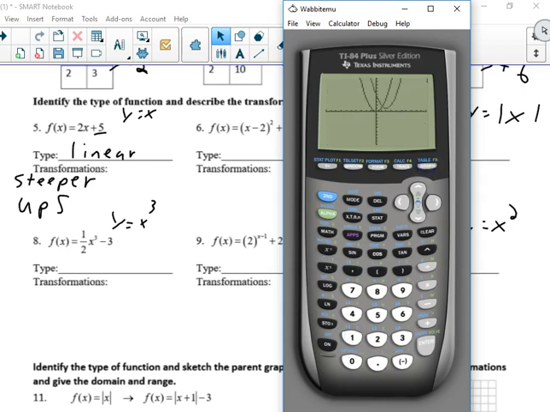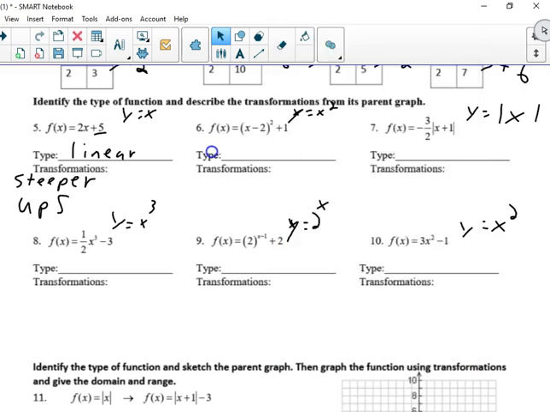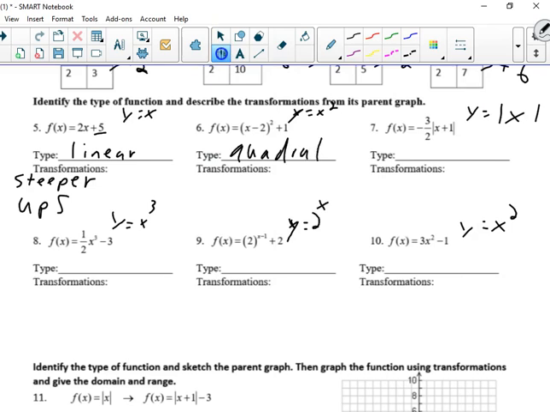But which way does it go, left or right? Negative 2 means you think left, but it's actually right. So you can see how it went right 2, up 1. So, coming back here, it is a quadratic. You can abbreviate quad. And transformation, it's going right 2, and it's going up 1. And even if you're pretty sure you know it, why not take the extra 30 seconds to type it in the calculator and verify it?